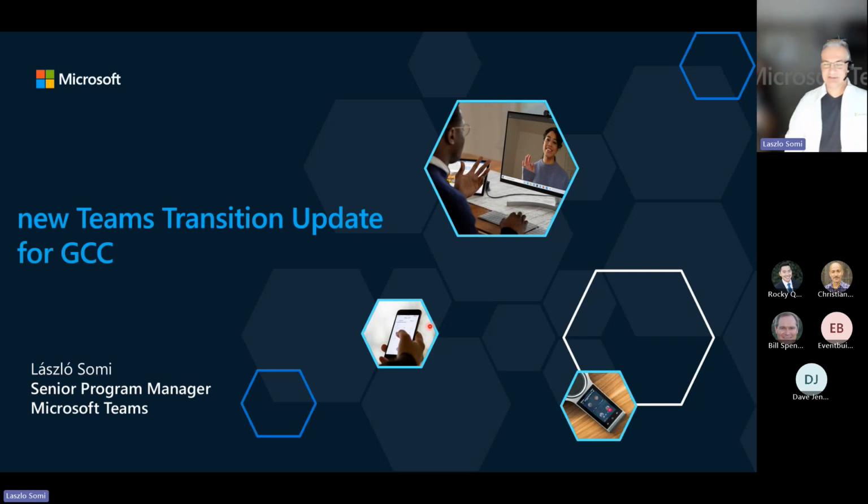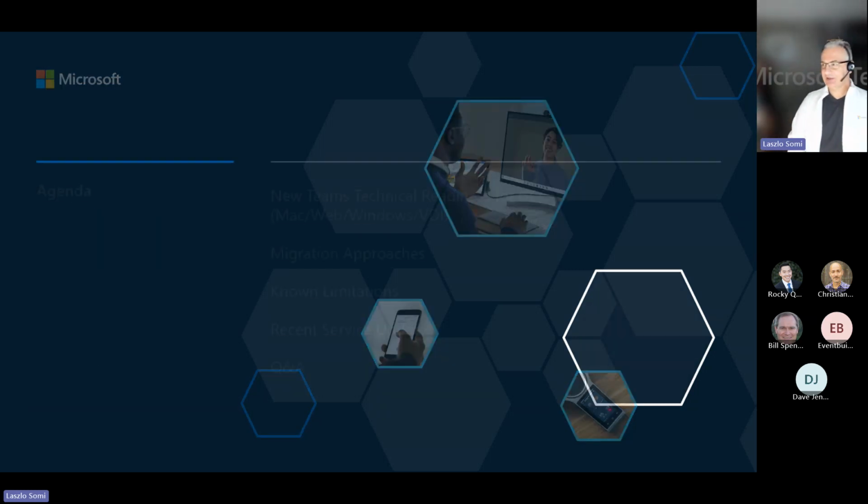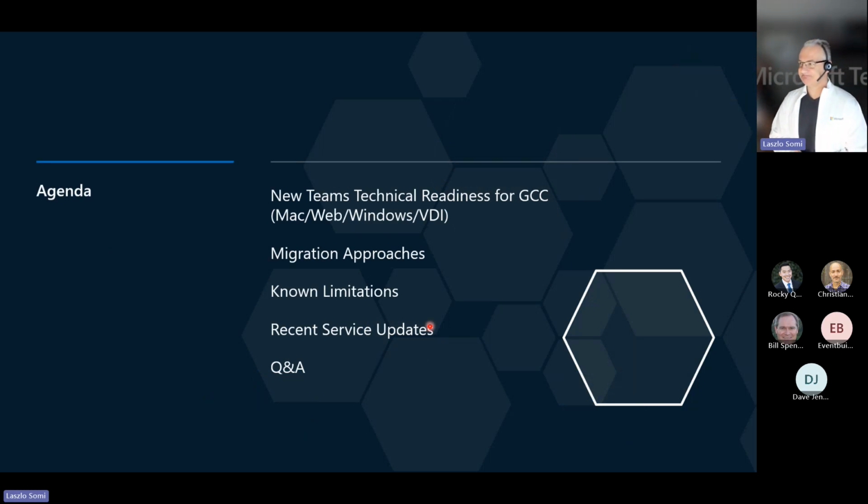We are talking about new Teams transitions for UC government customers. We're going to talk through a few important items in this session. We're going to start out around technical readiness, about Windows desktop client, Mac, web, VDI type of clients. I know a lot of organizations do not uniformly use one client, but have multiple different operating systems and methods to reach Teams.